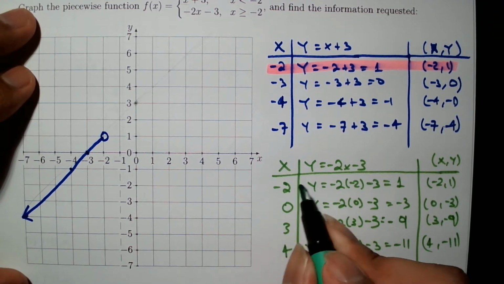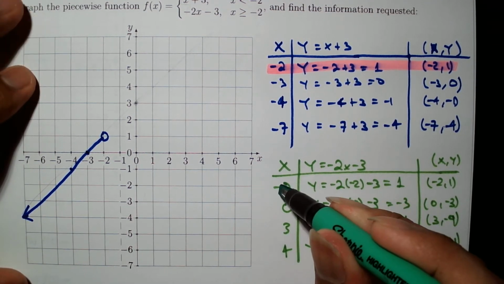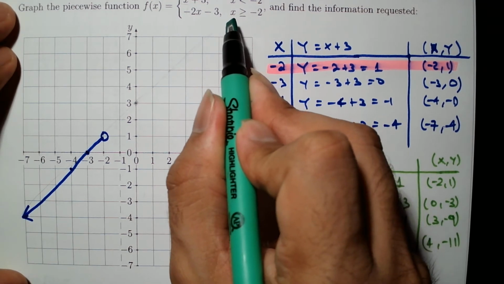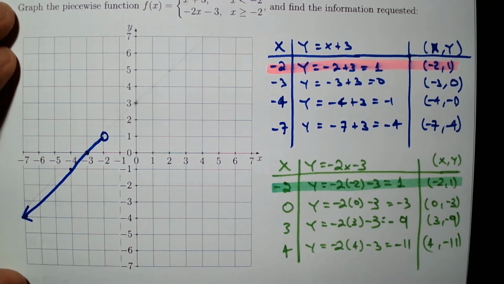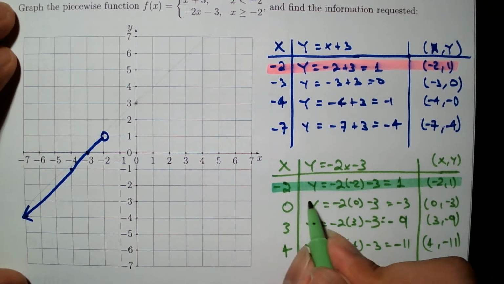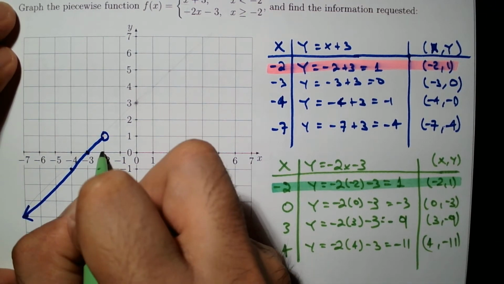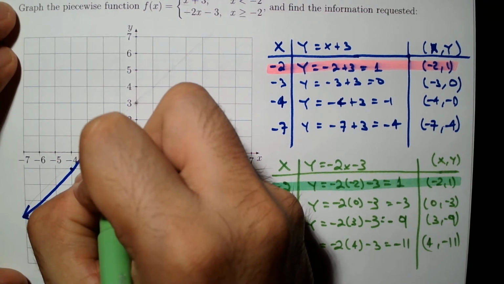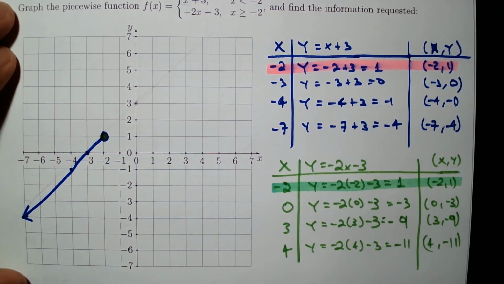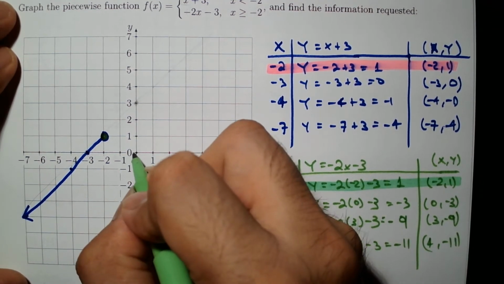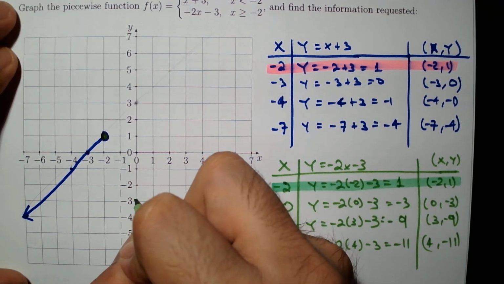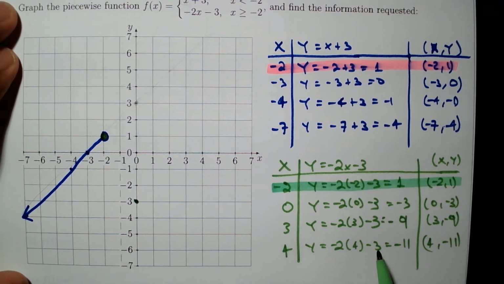When I look at this point, because negative 2 is actually an okay input here, it's included, so I'm going to use green to highlight, and I'm going to go negative 2, 1, but in this case I'm going to have a solid bubble, and then 0, negative 3, and then 3, negative 9.